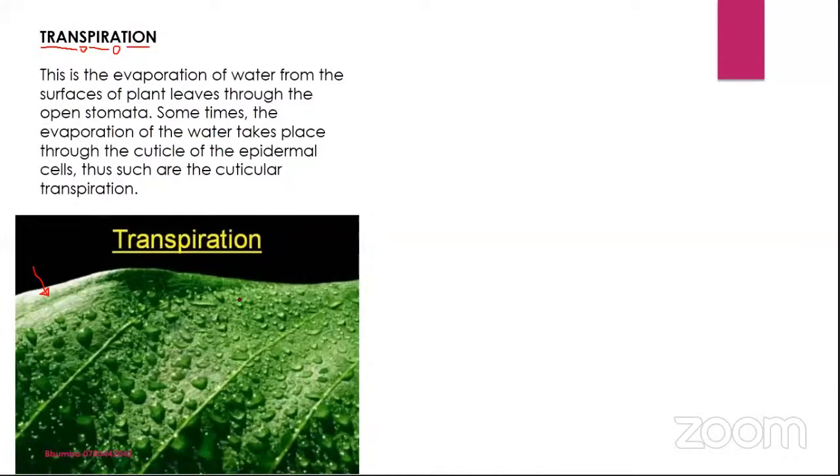Okay, so this is the evaporation of water from the surfaces of plant leaves through the open stomata. This is where the plants lose water. And of course, they are found both on the lower and the upper parts of the leaf.